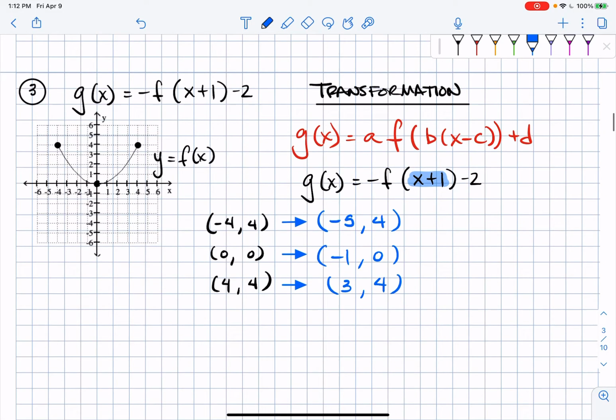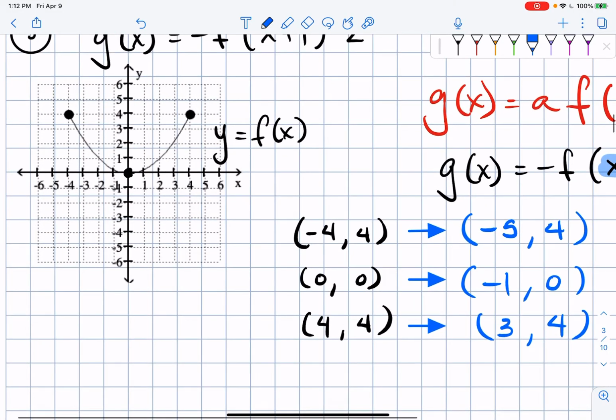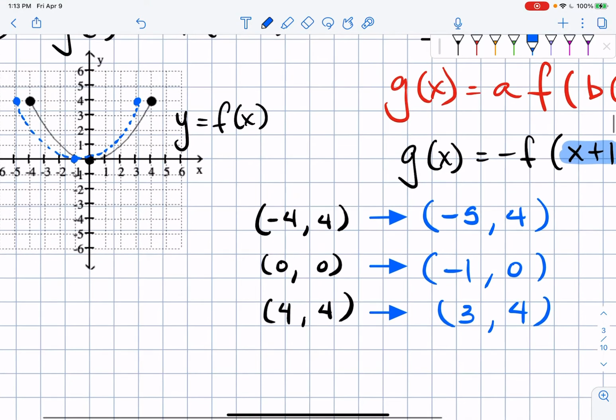Okay, so let's go ahead and plot those points. Negative 5, 4, negative 1, 0, and 3, 4. Look, it did shift left 1. Okay, awesome.